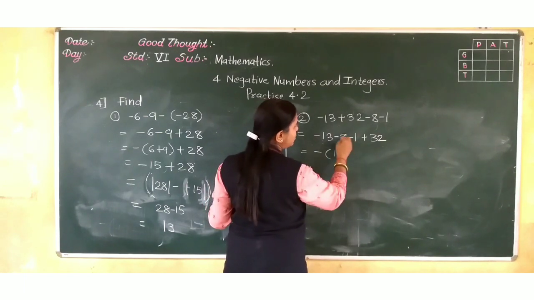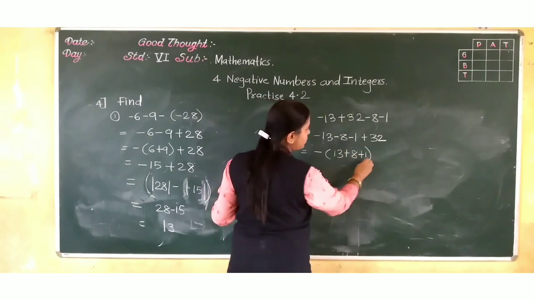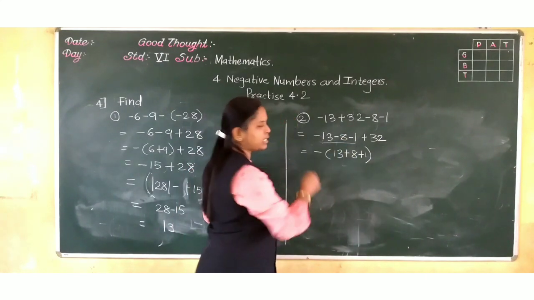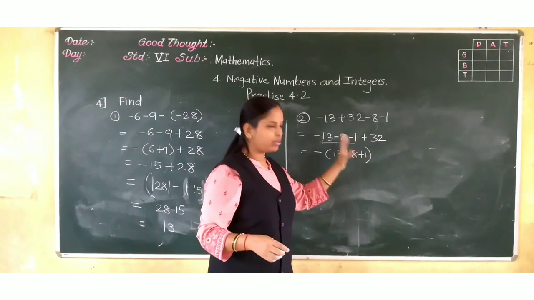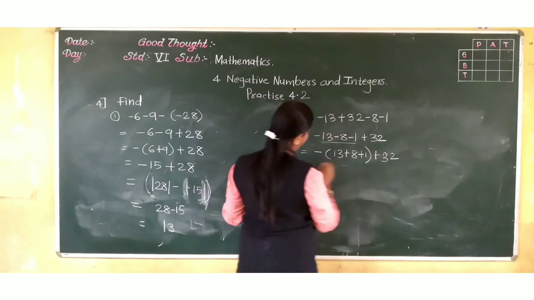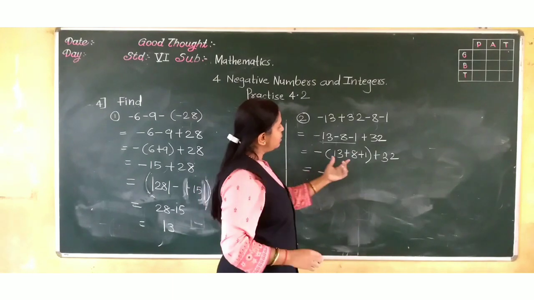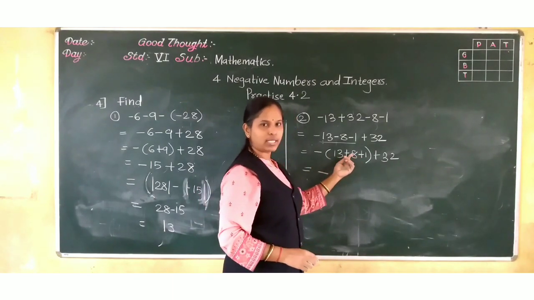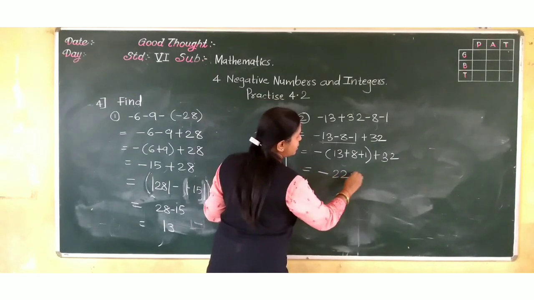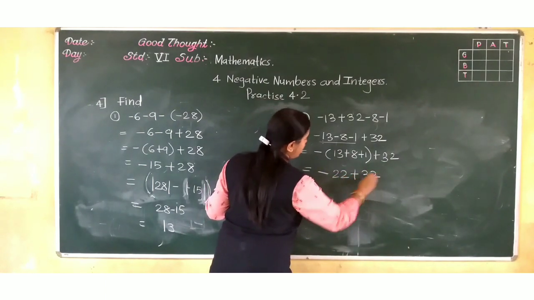Inside, what will happen? From these three, I took minus sign aside. So here they will get added. Plus 32 right as it is. Now minus, do addition. 13 plus 8, 21 plus 1, 22. That is minus 22 plus 32.